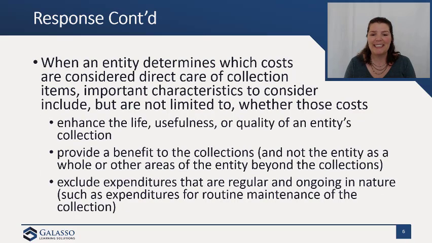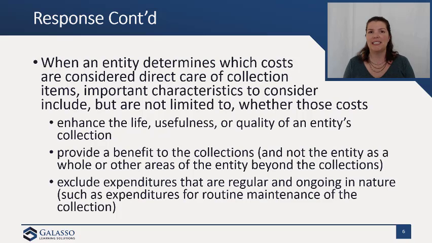And so when an entity determines which costs are considered direct care of collection items, important characteristics to consider, but are not limited to, whether the costs enhance the life, usefulness, or quality of the collection, provide a benefit to the collection, not the entity as a whole or other areas of the entity beyond the collection, and exclude expenditures that are regular and ongoing in nature, such as routine maintenance of the collection.